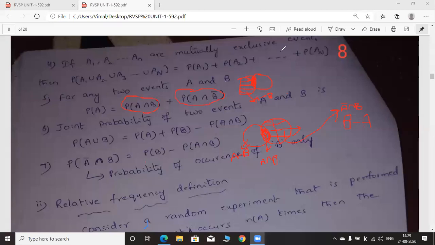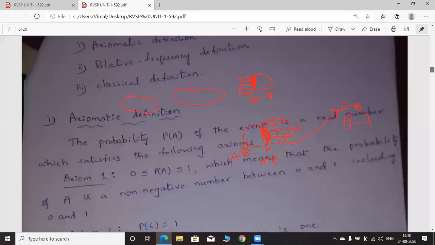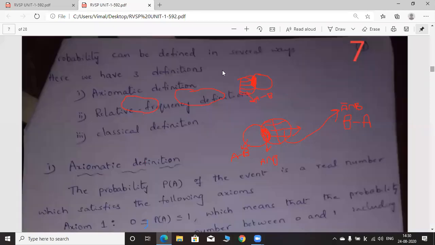So actually in the previous class, we started the definitions of probability. The first one is the axiomatic definition. The second one is the relative frequency definition.